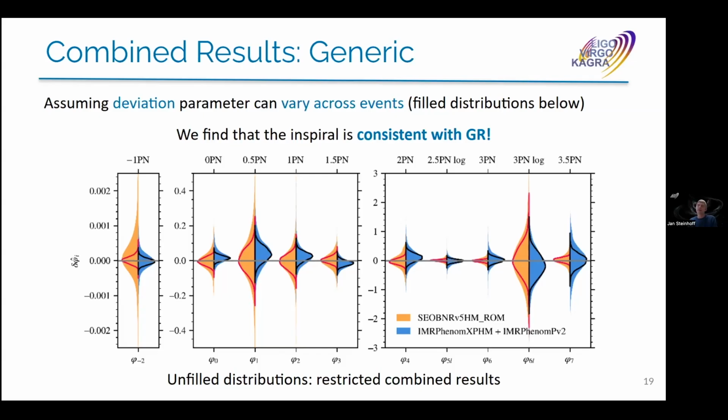That's just because the analysis is a bit more generic, and this broadens up the posterior, but it's more realistic, so to say. More realistic assumptions are made. Still, overall, we find consistency with general relativity for both of the analysis pipelines.